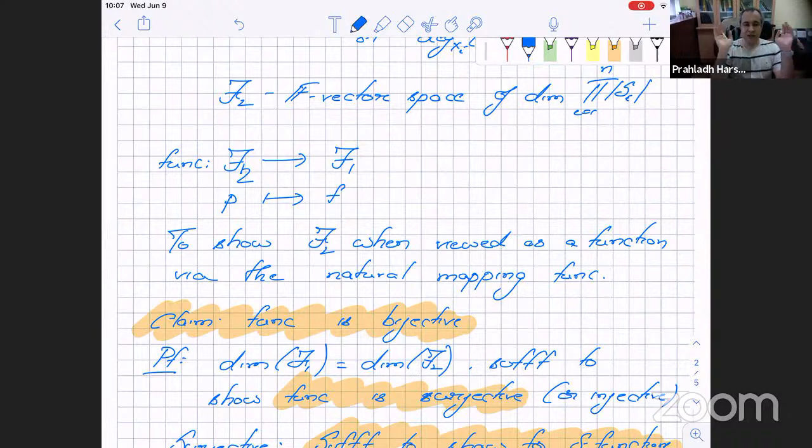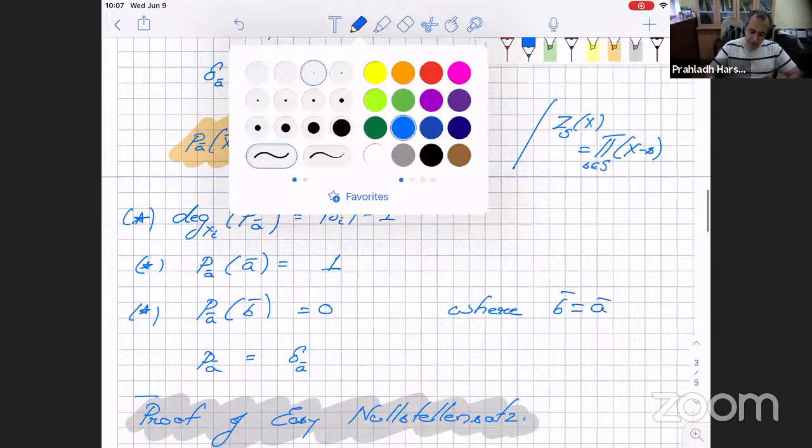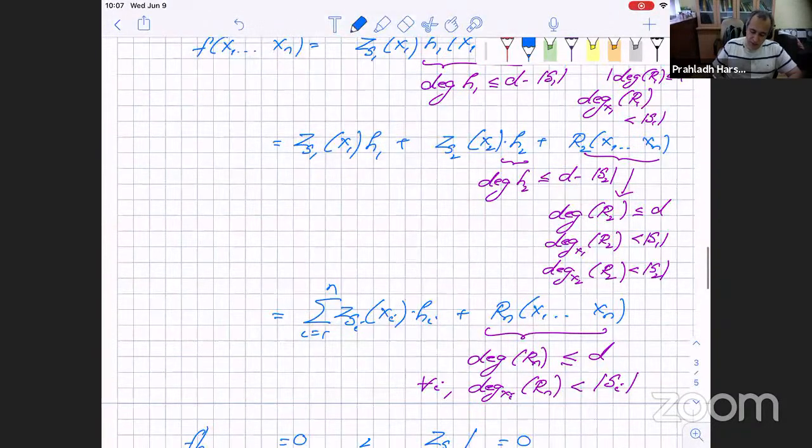In this particular example, we knew that the dimensions of both these spaces were the same. But I want to say this technique, here we already knew that F1 and F2 had the same dimension. This need not always be the case. So I want to say that this proof technique actually is going to tell us something.